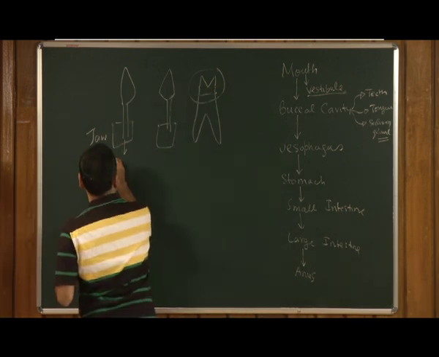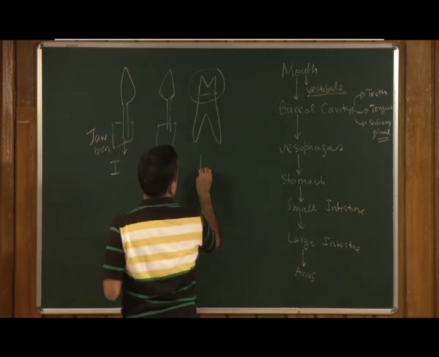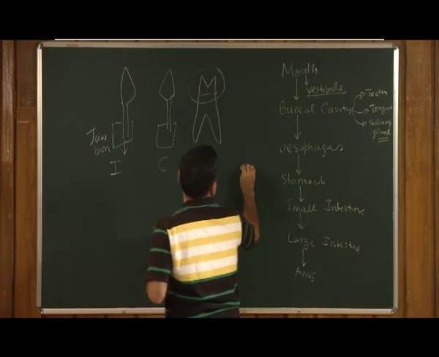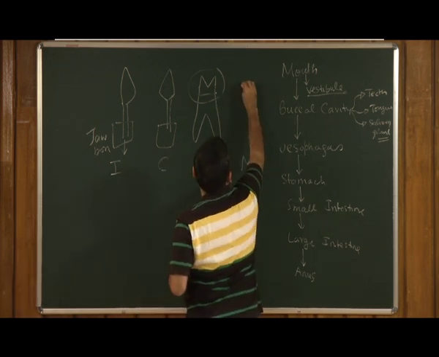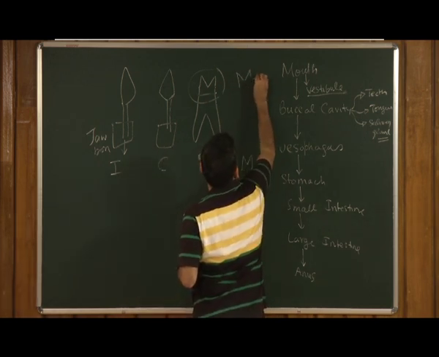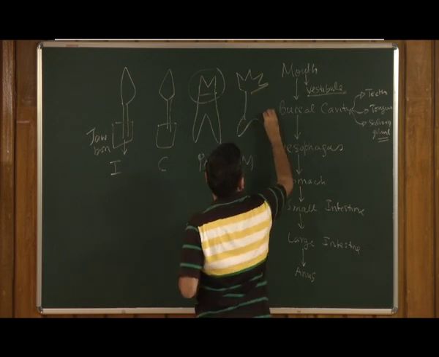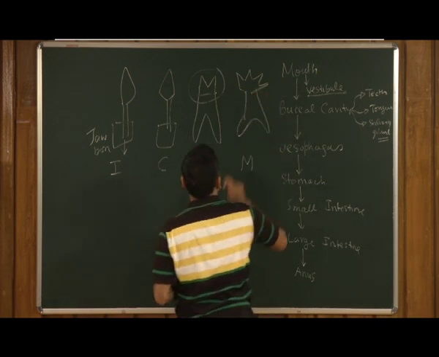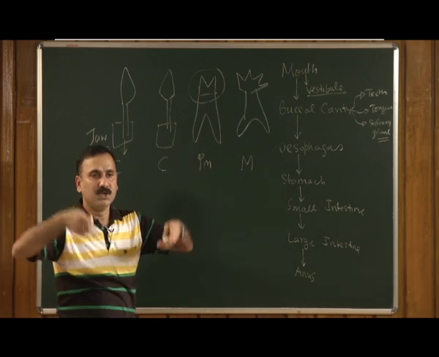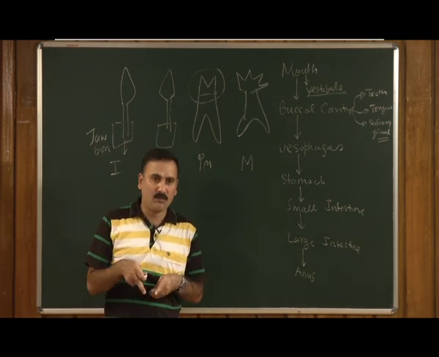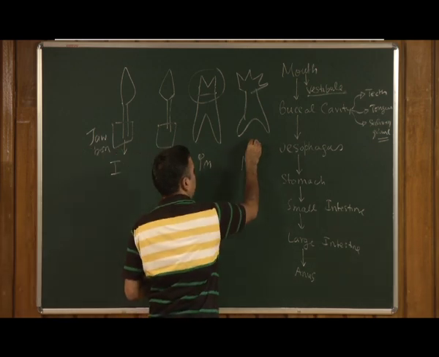So, this is the incisor, this is the canine, this is the premolar, and this is the molar. In the case of molars they have multiples of these ridges, and they have two roots which go into the jawbone.